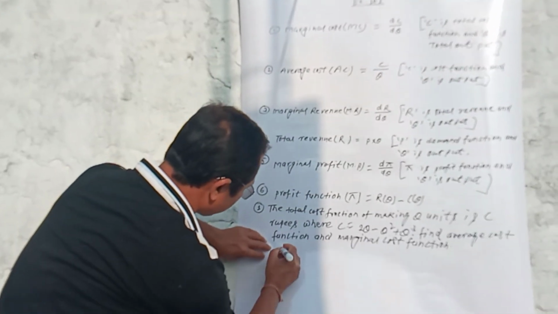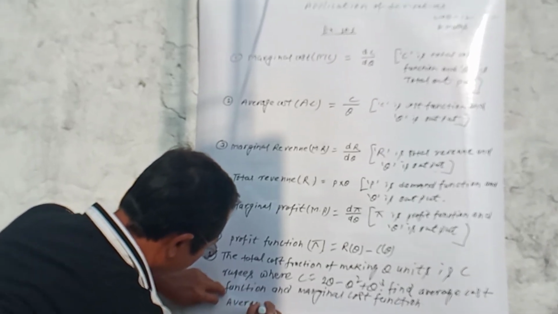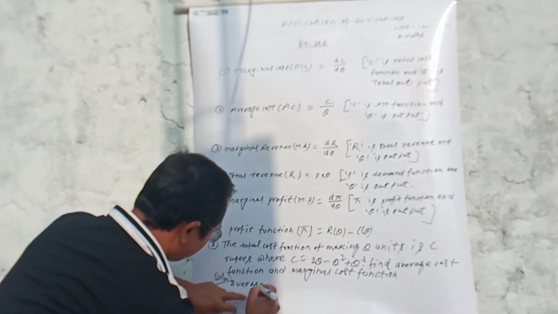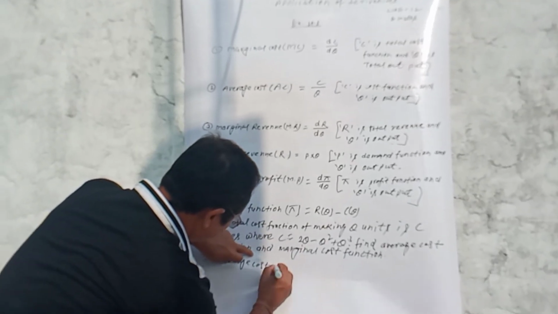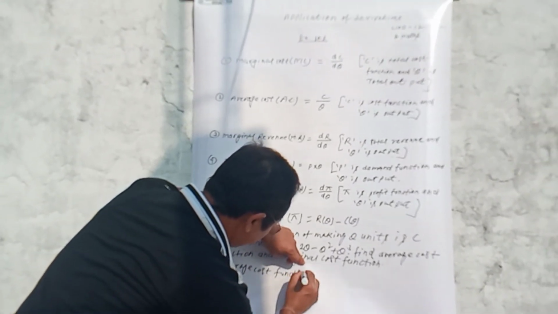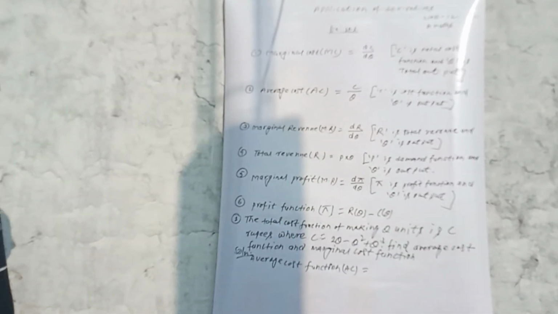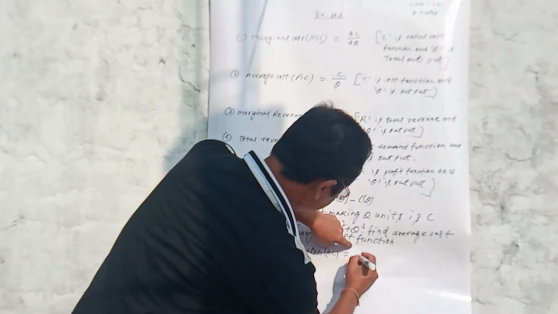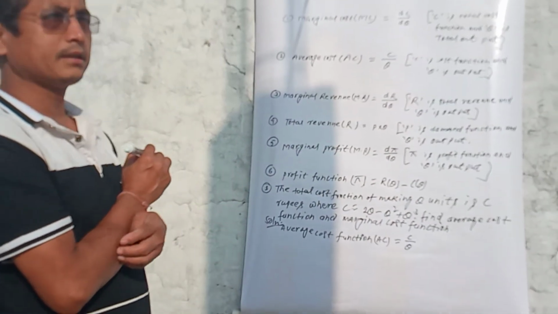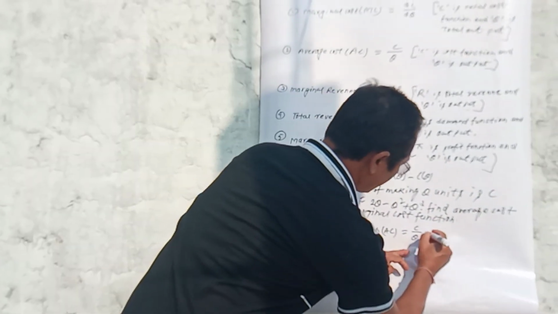Here the average cost function AC equals C by Q, total cost function divided by output.